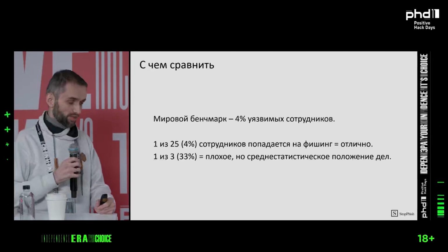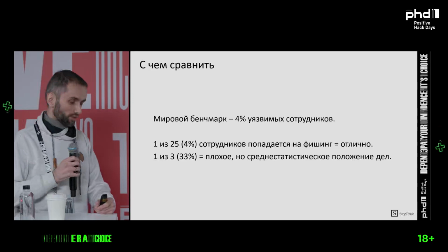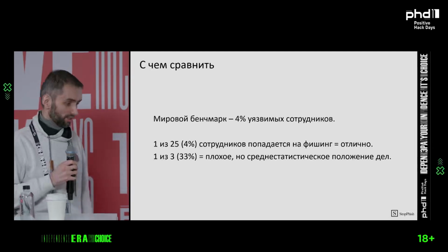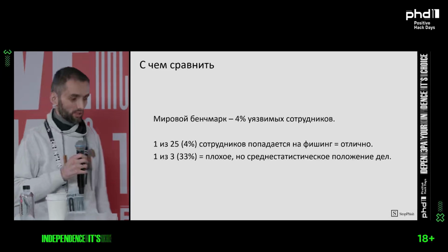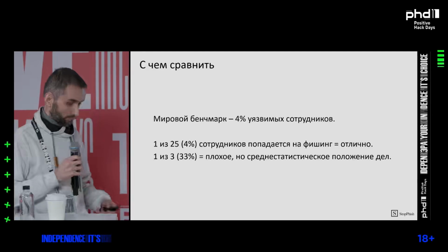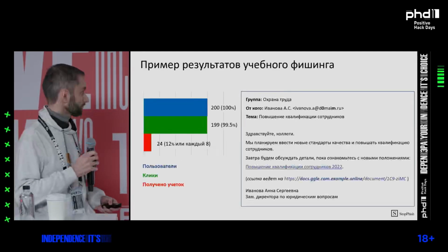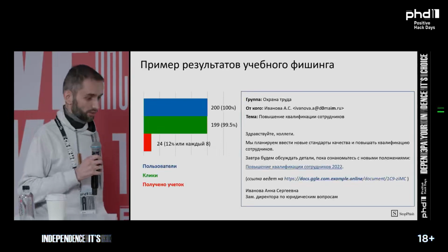So 4% would be a good result. 1 of 25 is a great result, and to compare, 1 of 3, like 1/3 of the company, which is a very usual state of affairs, not only in Russia, is a bad result.